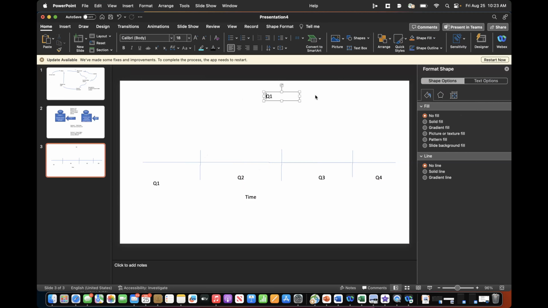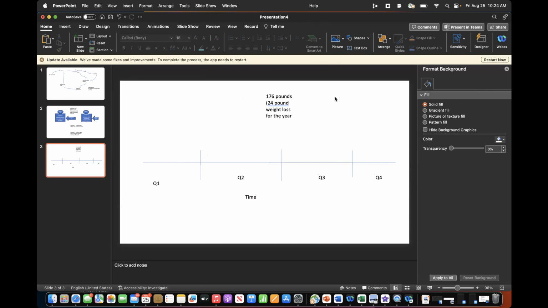The objective goal was 176 pounds, and this represents a 24-pound weight loss for the year. I probably blew that this morning because I had a huge breakfast.